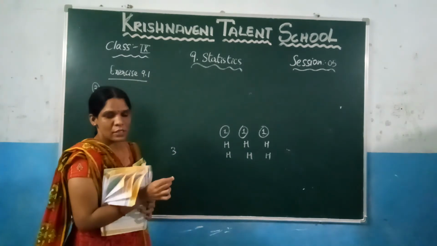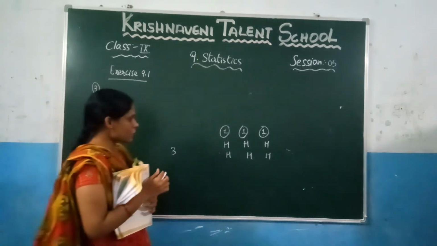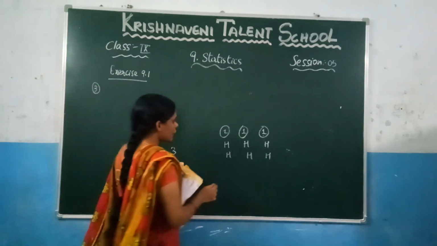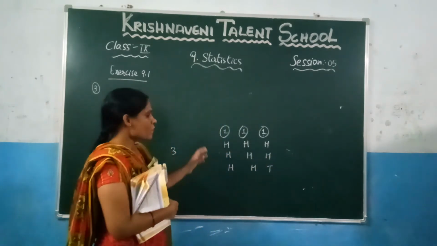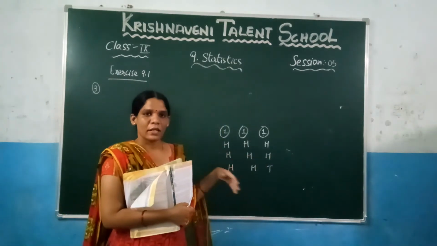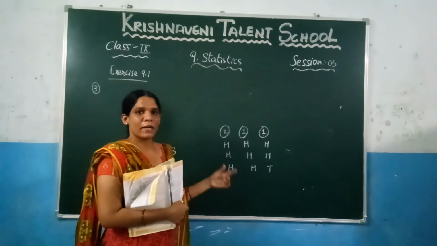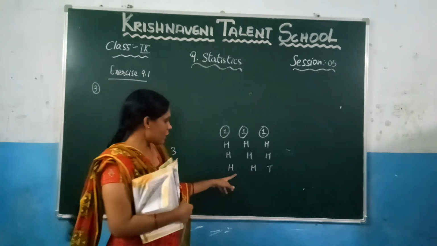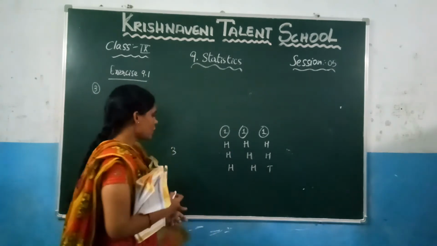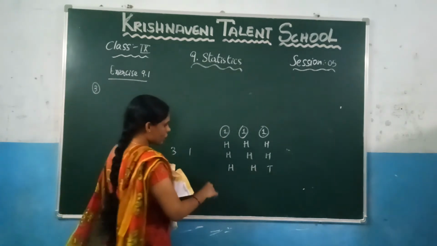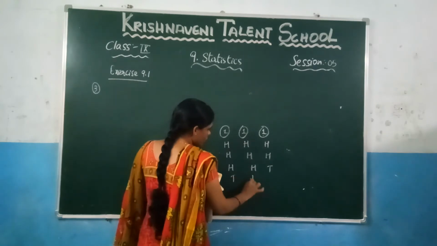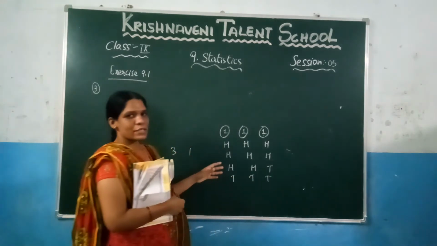The number of heads. Suppose I tossed the coins again, and this time I got head, head, tail. If only this data is given and I ask how many heads I am getting, it is 2, right? Here you can observe that it happened only one time. After that, suppose you get all the coins as tails.